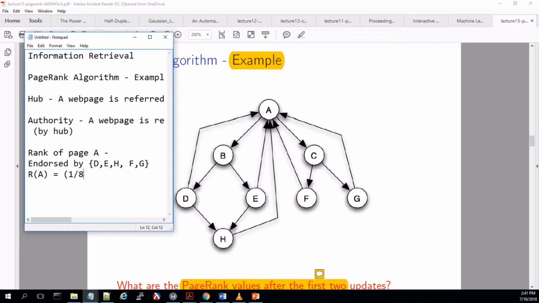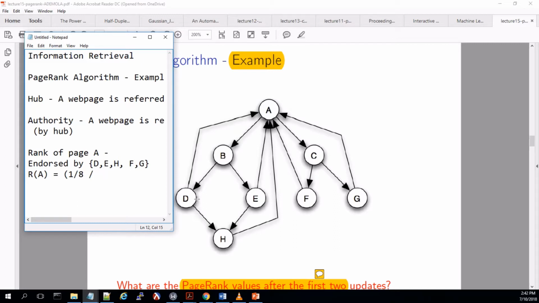Divided by, don't forget our formula, the out degree. So we divide by the out degree of D. So what is the out degree of D?